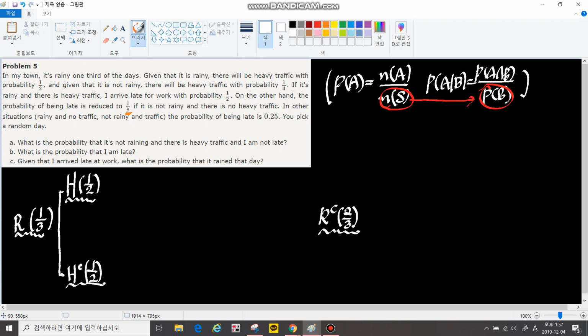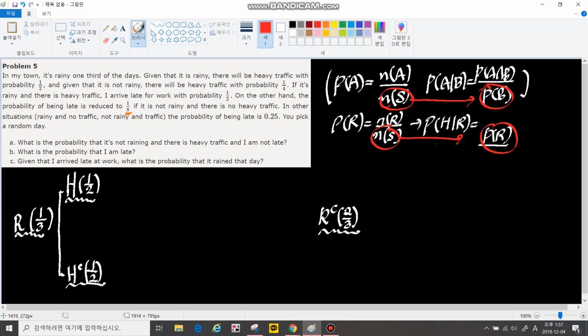Now, our sample space, in this case, the probability that it rains: we are comparing the ratio to the sample space, but now we are talking about heavy traffic given R, so P(R) is our new sample space. Our sample space has been reduced to P(R).